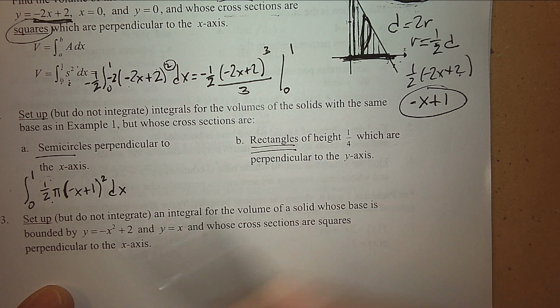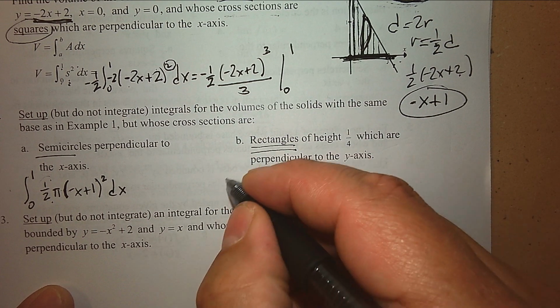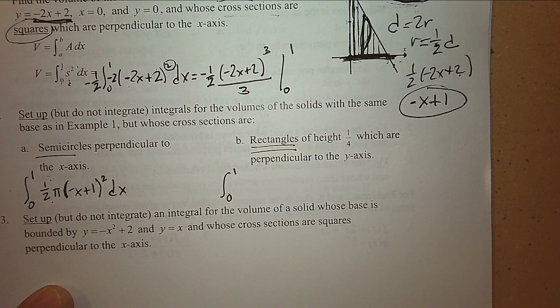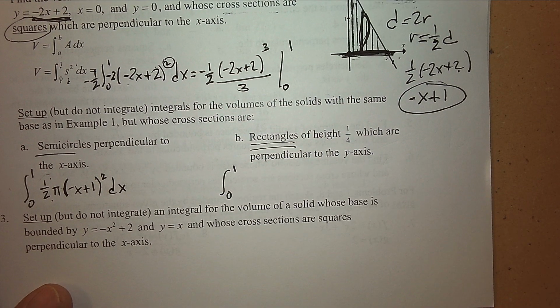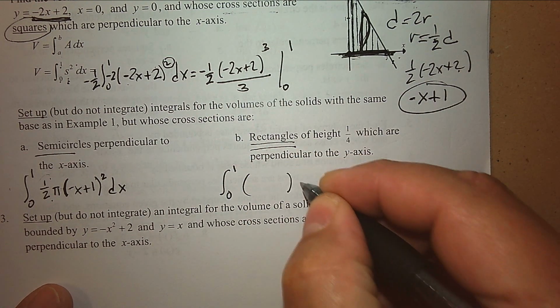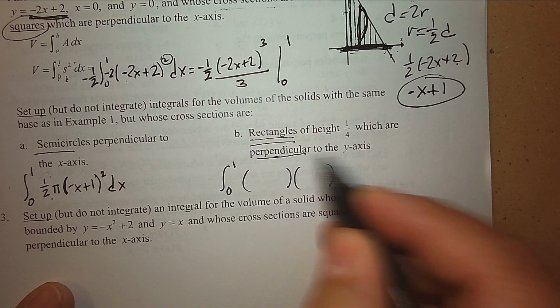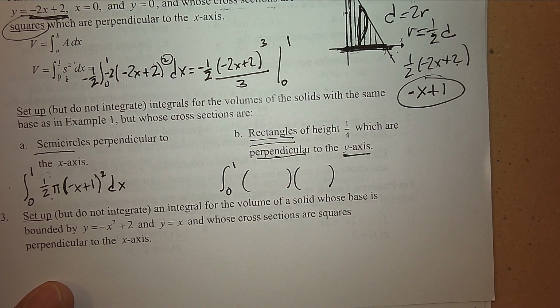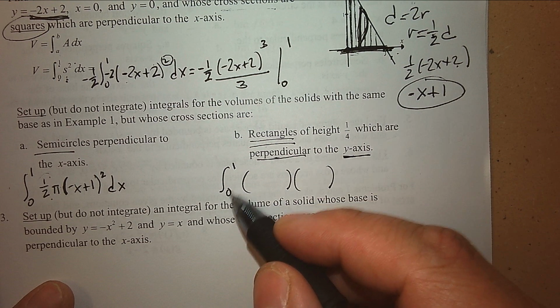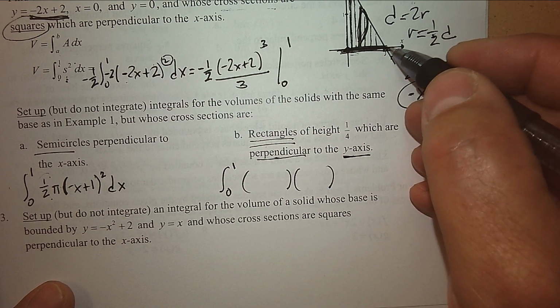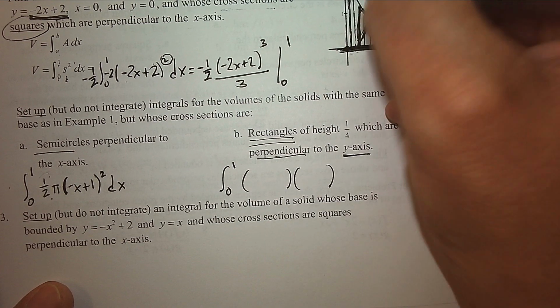What's the next shape? So again, we're going to integrate from 0 to 1. How do I find the area of a rectangle? Base and height. And it says, perpendicular to what axis? To the y. So now I'm not going to use 1, but I am still going to use 0. Do you know what the y value is way up here?